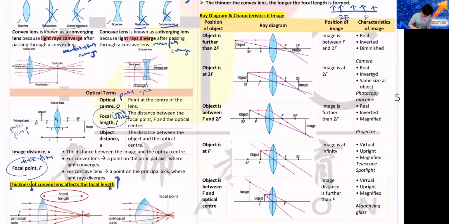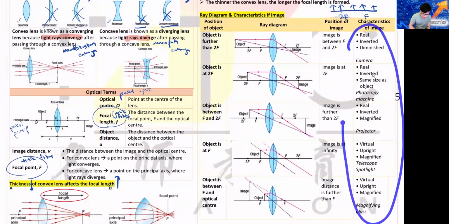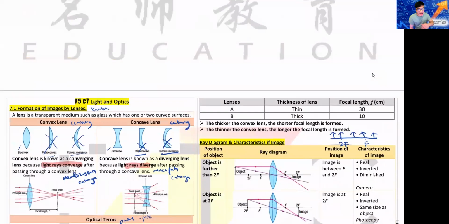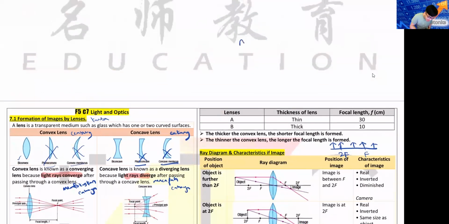Before that, let us learn about the characteristics of image. I'm sure you still remember this. There are 6 words you use to describe your image, and they are magnified, diminished. I hope you still remember this. I did ask you to copy this down last year when we learned this, around August or September something.